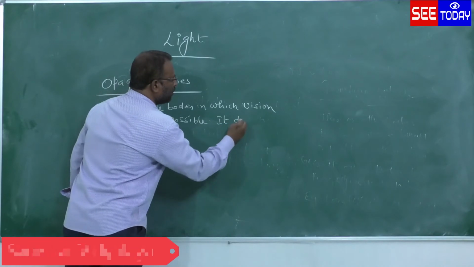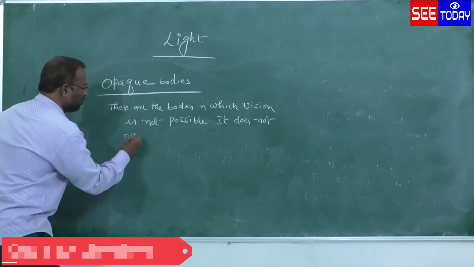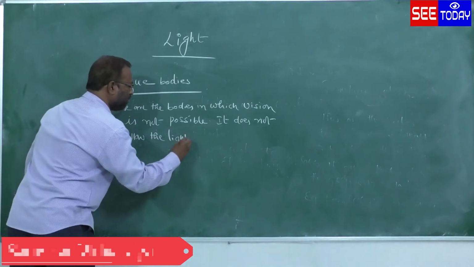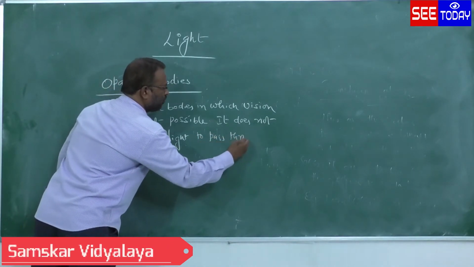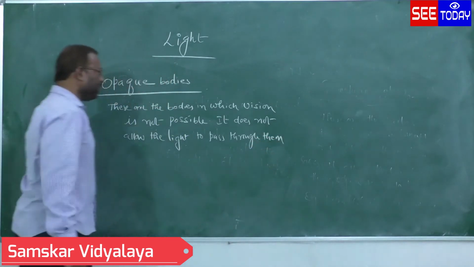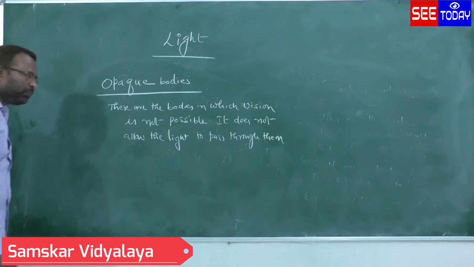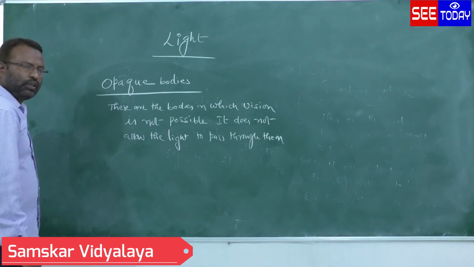It does not allow the light to pass through them. These are the bodies in which vision is not at all possible. We will call it opaque bodies.